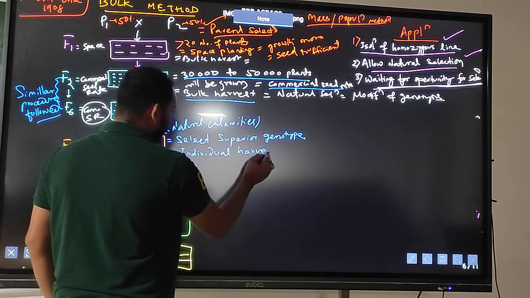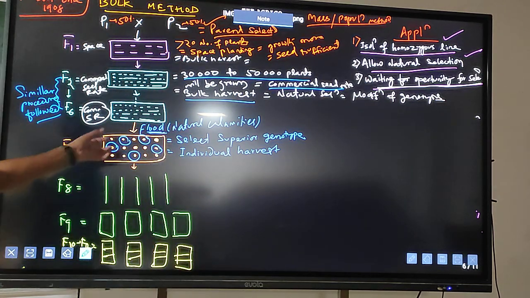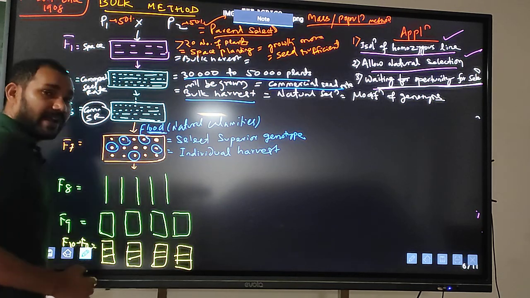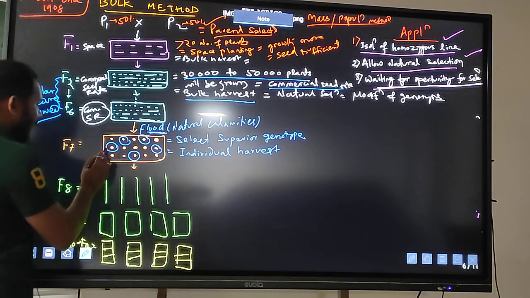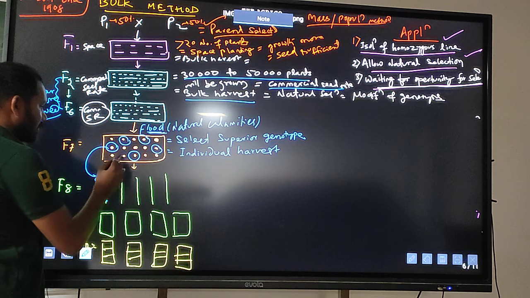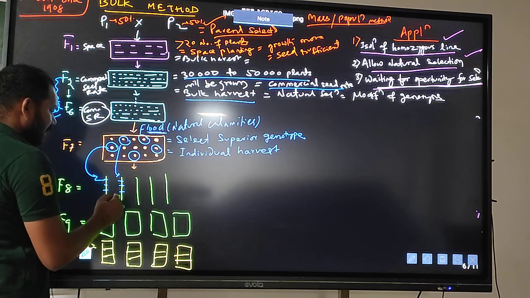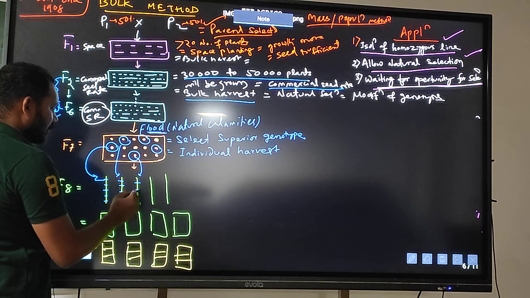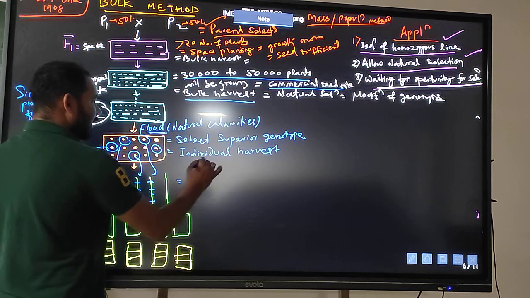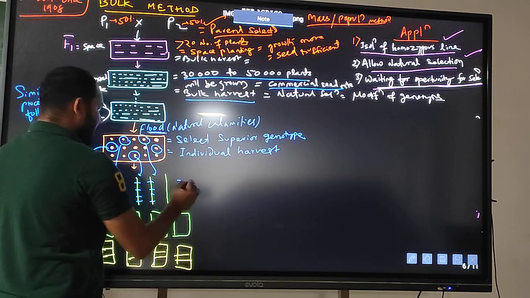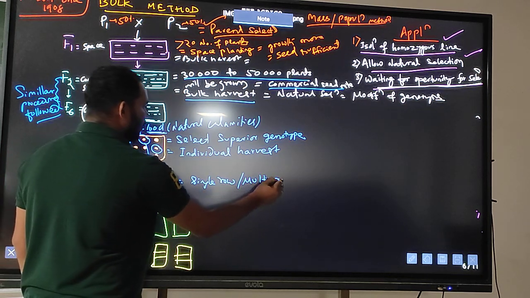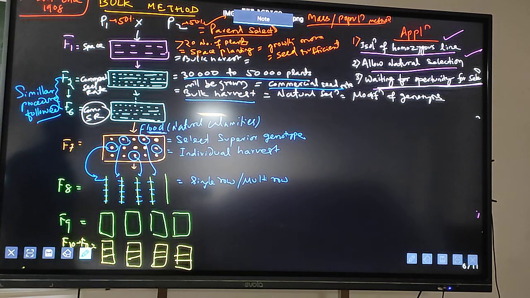Whatever progenies will be there, which is the F8 generation, I will harvest individually and grow the progenies in a single row or multi-row cultivation.